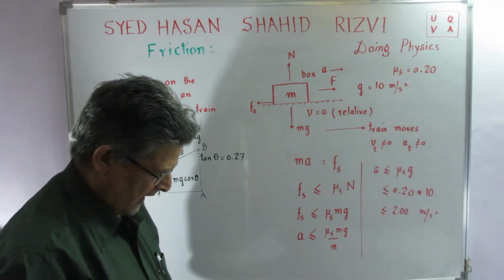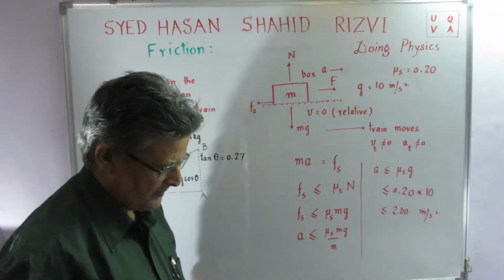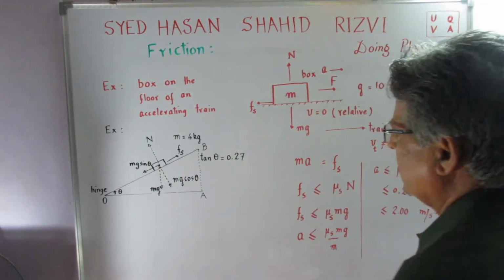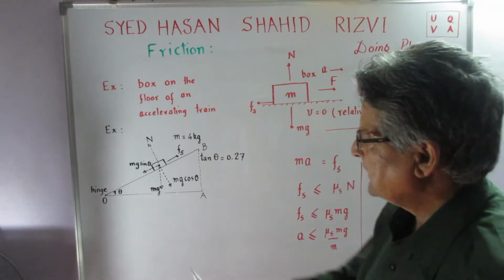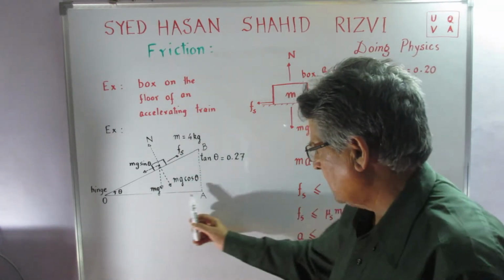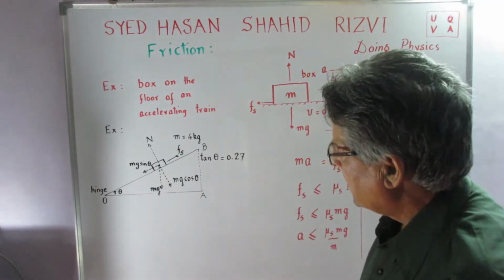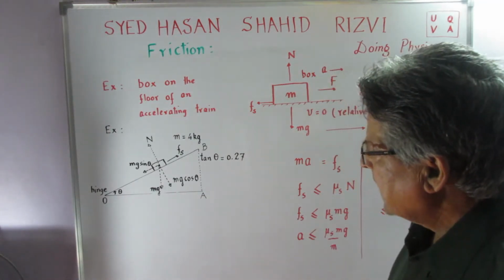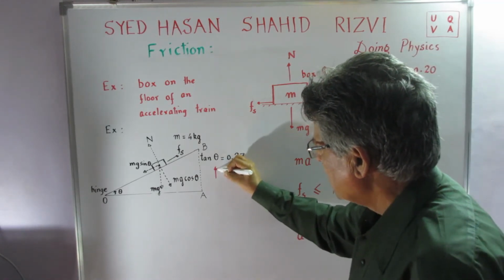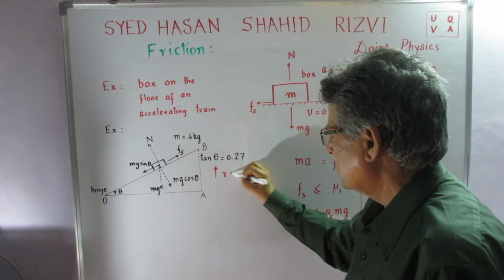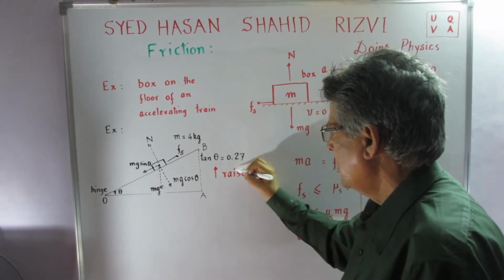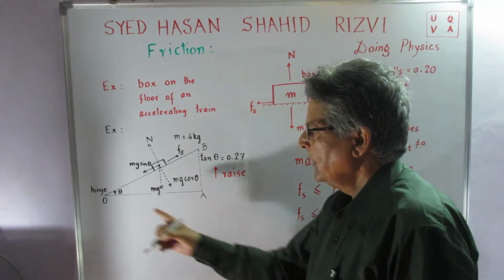Okay. Then we have a second example. The second example is that of an inclined plane. I have shown you the horizontal plane, and then there is a plane which we can raise gradually on a hinge.